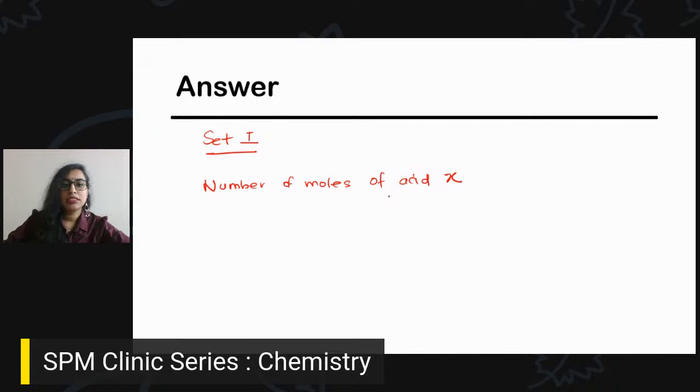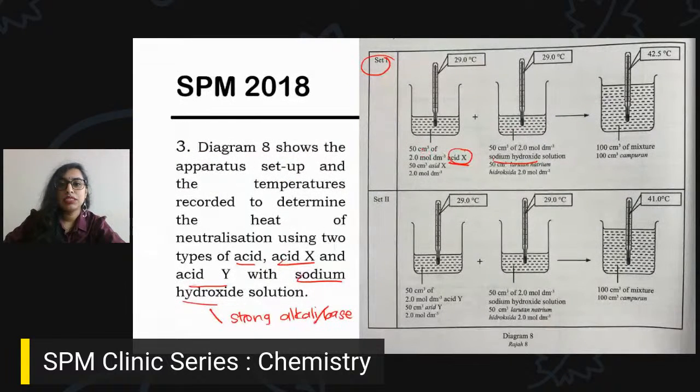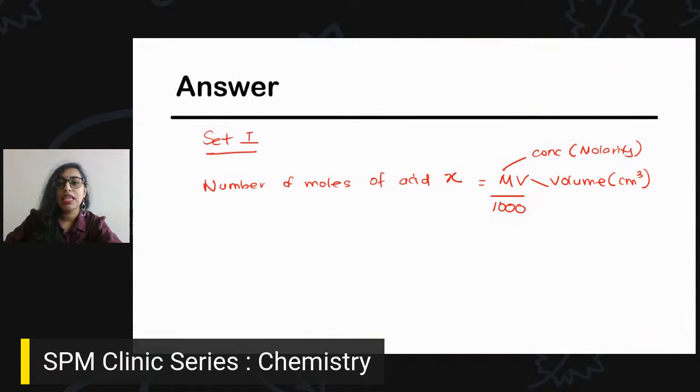The formula is MV over 1000. M is concentration, molarity, and V is volume. Why we are dividing by 1000 is because the volume that they have given is in centimeter cubic. Since it's in centimeter cubic, we have to divide by 1000 in order to change it to dm cubic.